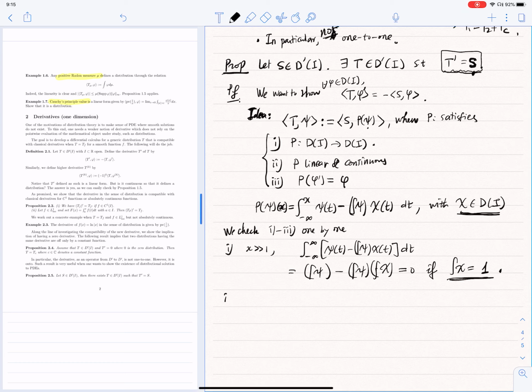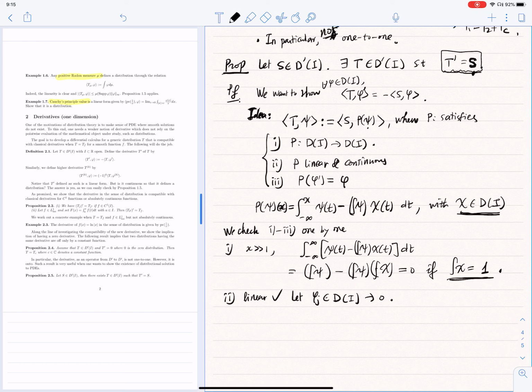Okay. The second property we would like to check is that it is linear, which is obvious. Check. And in order to show that it is continuous, let phi j be a sequence of test functions converging to 0, right?